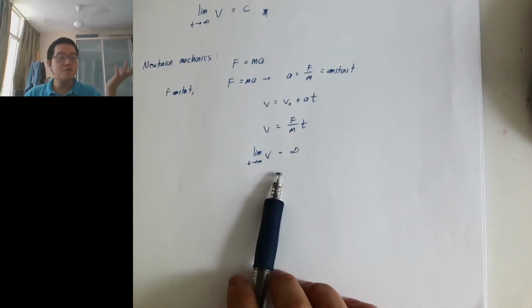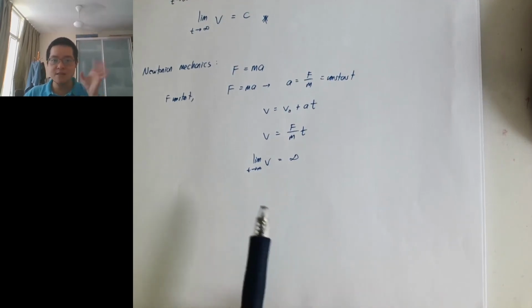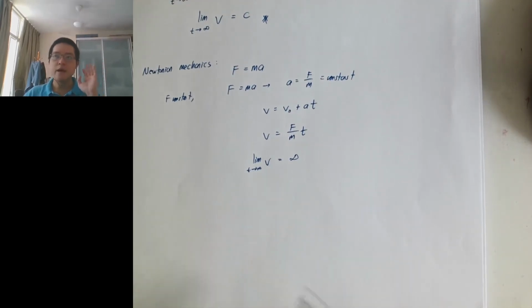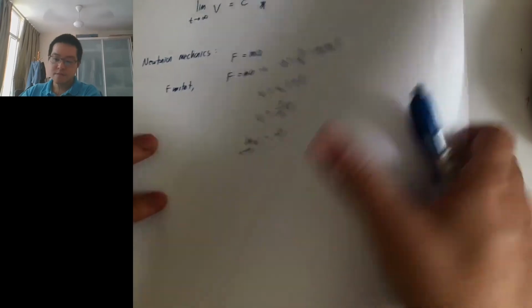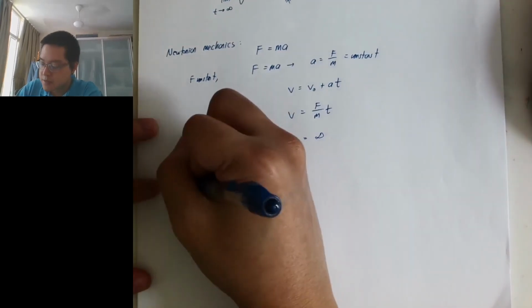But this is not true, right? This is not true because Newtonian mechanics is not accurate when velocity approaches the speed of light. Okay, so yeah, that is what I'm trying to say. So the reason is this.